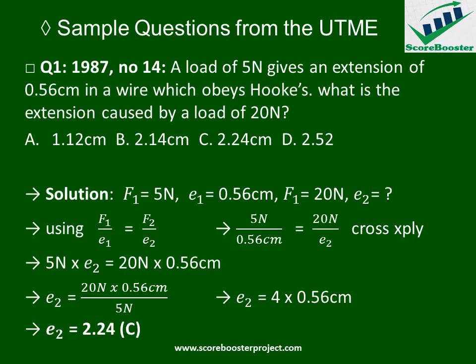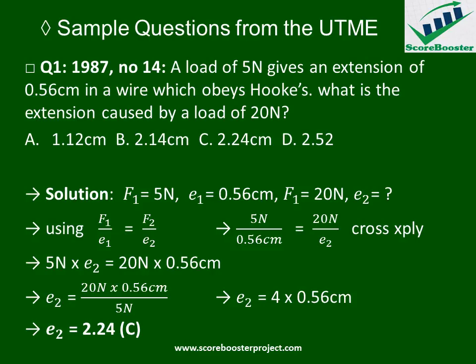Now on to sample questions from the UTME. The first question we shall be considering comes from 1987, number 14, and the question goes thus: a load of 5 Newton gives an extension of 0.56 centimeter in a wire which obeys Hooke's law.